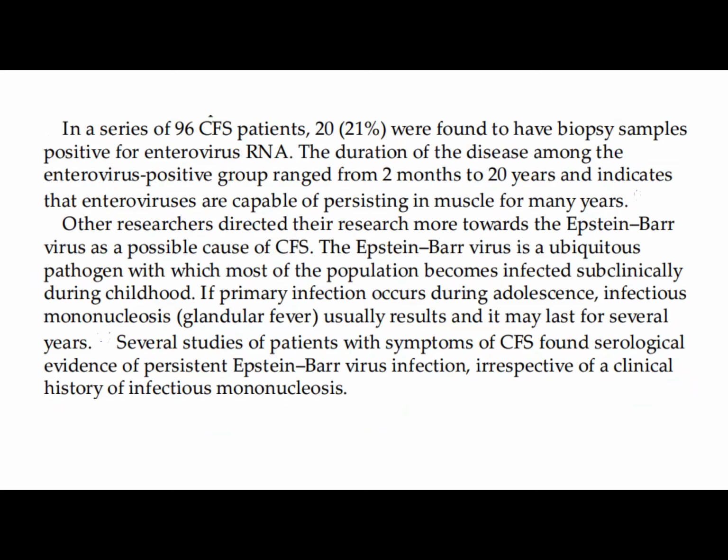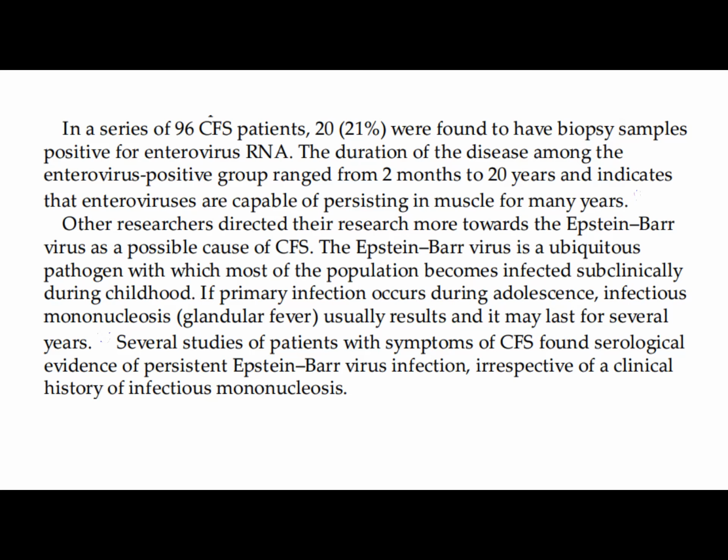Other researchers directed the research more towards the Epstein-Barr virus as a possible cause of CFS. The Epstein-Barr virus is a ubiquitous pathogen with which most of the population becomes infected subclinically during childhood, so it is not given much attention.